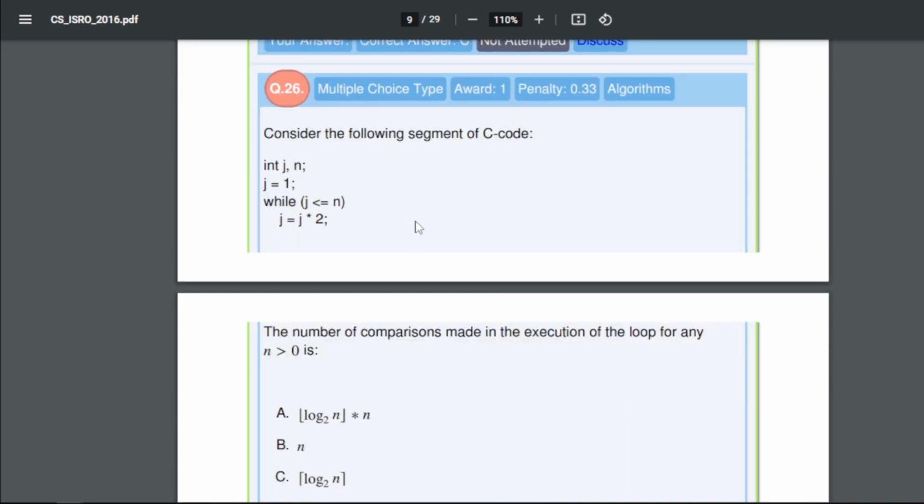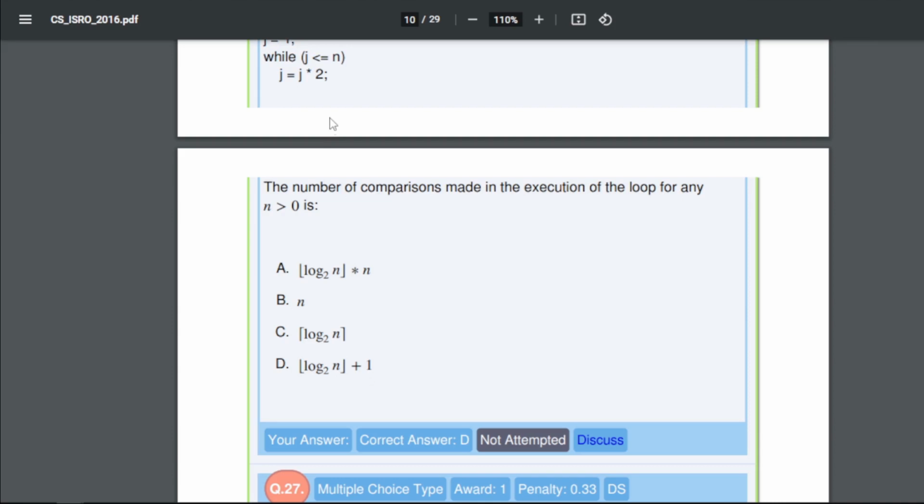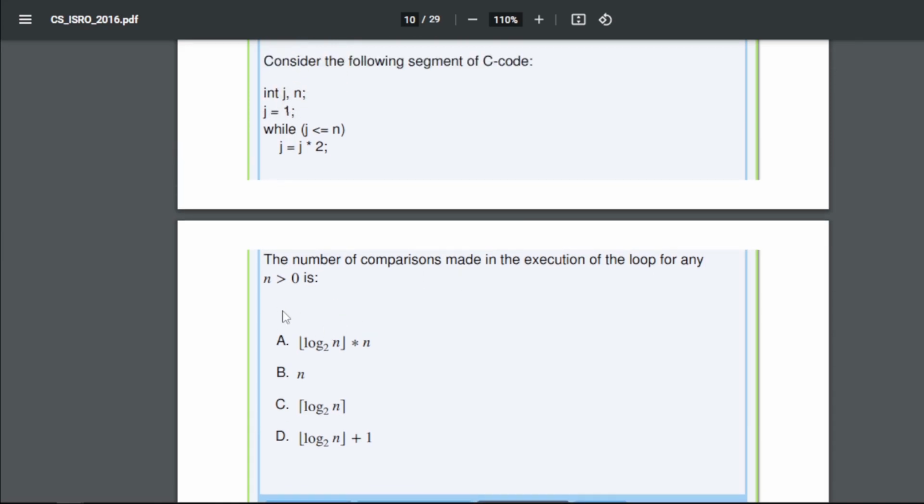Now question number 26 is: consider the following segment of C code, right? This is the code: while j is less than or equal to n, j equals j into 2. The number of comparisons made in the execution of the loop for any n greater than 0 is what? It is asking for the number of comparisons.